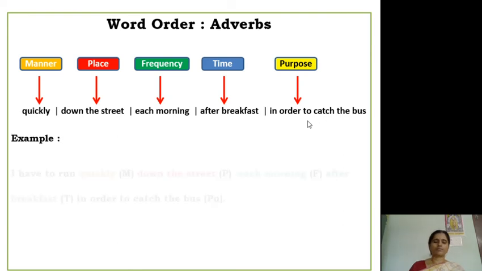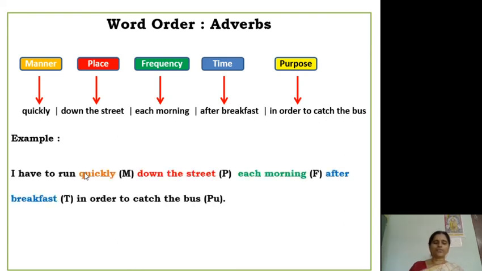Let us see an example. I have to run quickly down the street each morning after breakfast in order to catch the bus. So this is a single sentence where we have got many adverbs, that means more than one adverb in a single sentence. I is the subject.